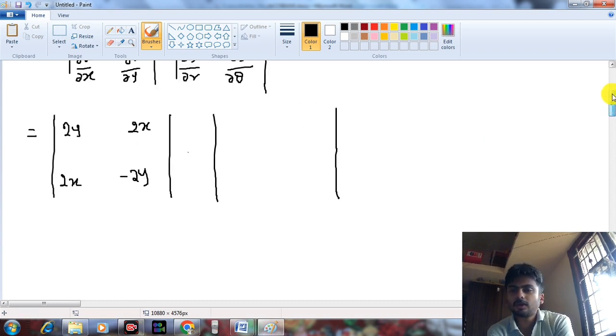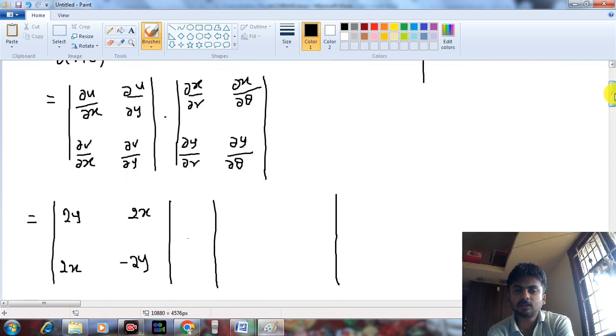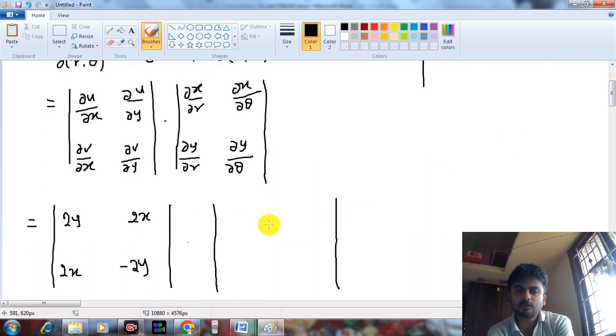Okay, now on differentiating x with respect to r, I get cos theta, and differentiating y with respect to r, I get sin theta. So x with respect to r is cos theta, and y with respect to r is sin theta.